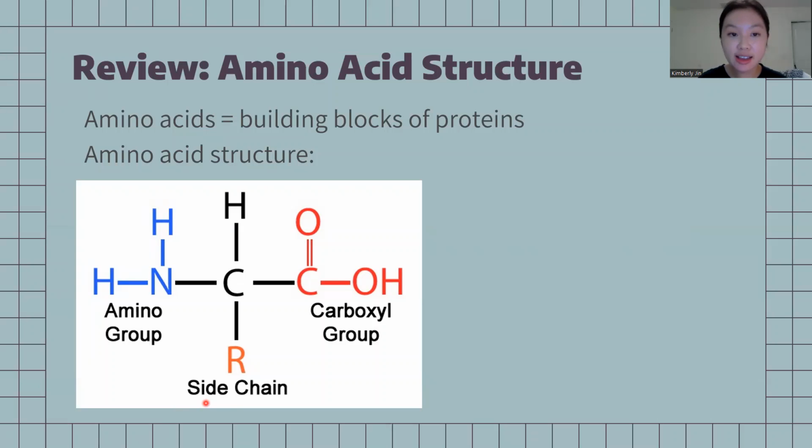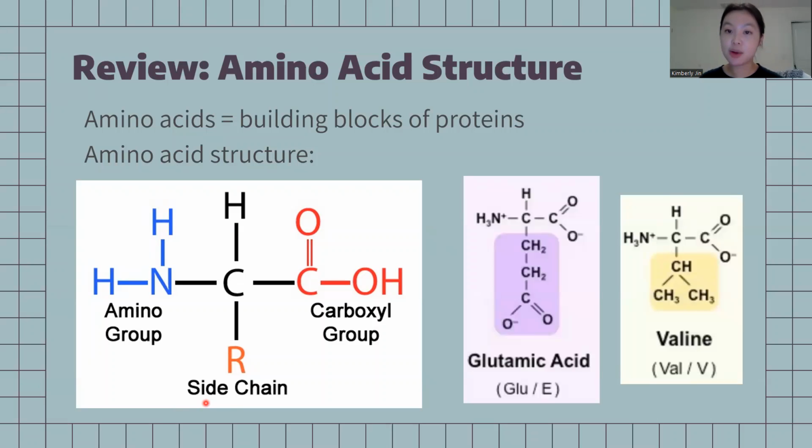Depending on the identity of that R group, we get different amino acids. So going back to that hemoglobin example, we have a glutamic acid substitution for valine, and that change in identity causes the sickle cell phenotype. So the R groups matter a lot in amino acids and also in protein structure.